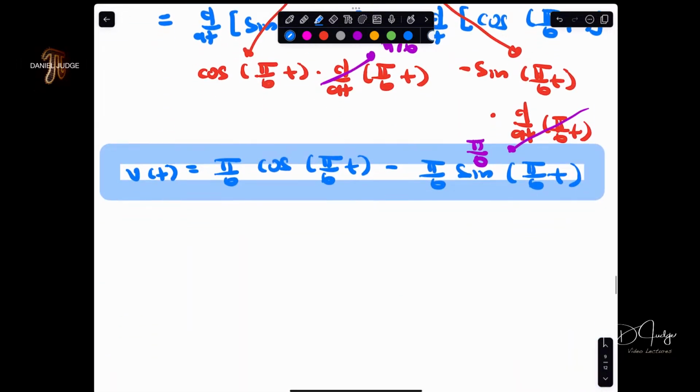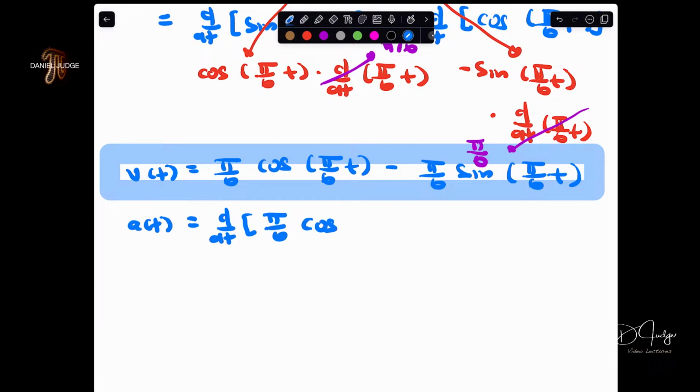Acceleration function. It's the derivative of velocity, right? So you're going to have pi over 6 cosine pi over 6t, pi over 6 sine pi over 6t.